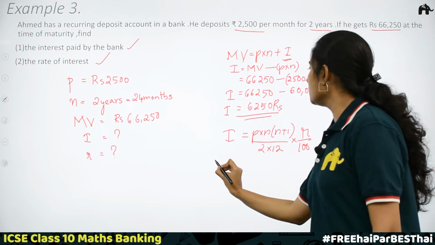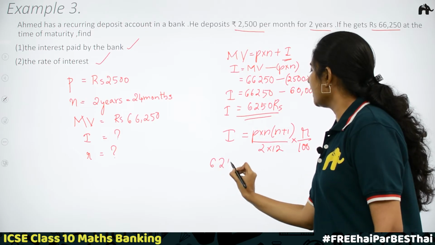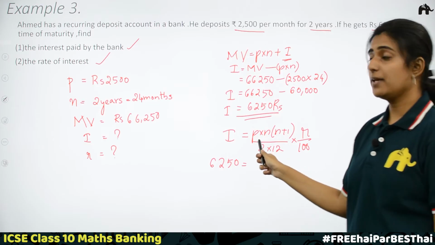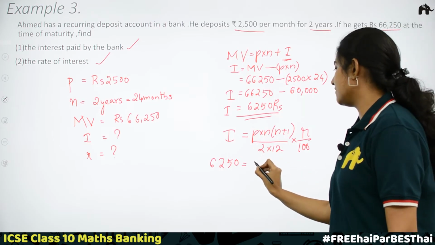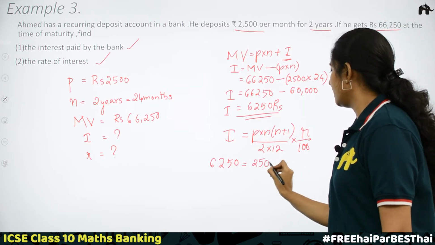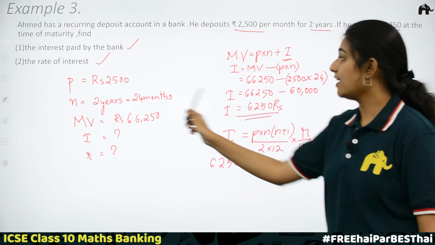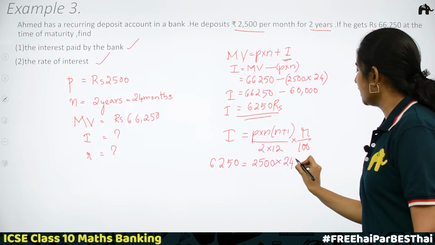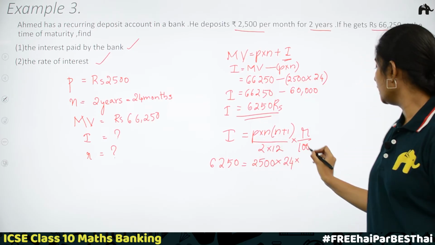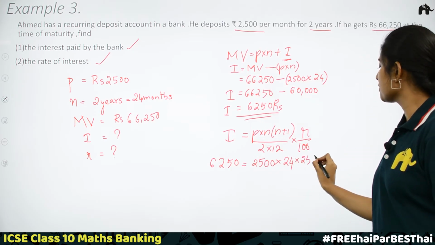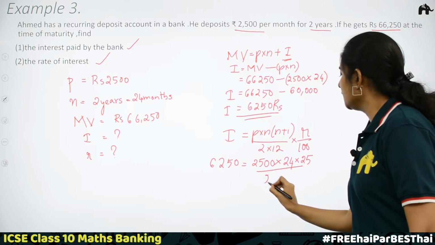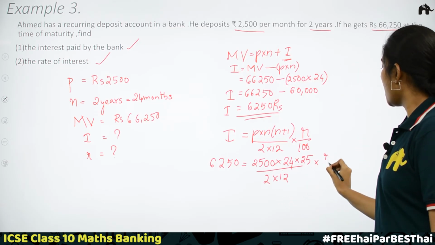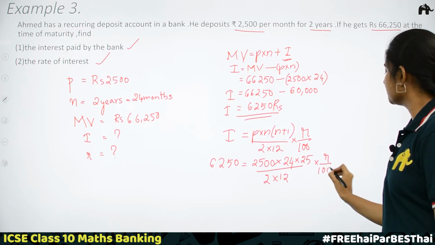Interest is equal to 6,250 is equal to, what is P? 2,500. 2,500 into N value is 24. 24 into N plus 1 is 24 plus 1, 25. Divided by 2 into 12 into R divided by 100.